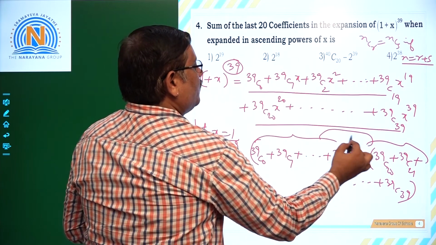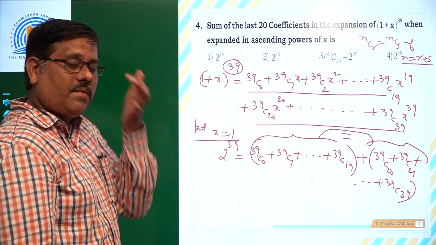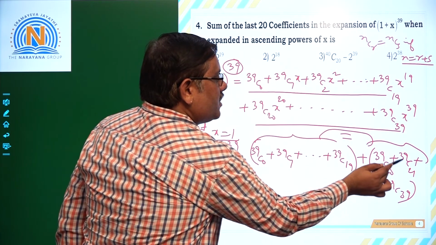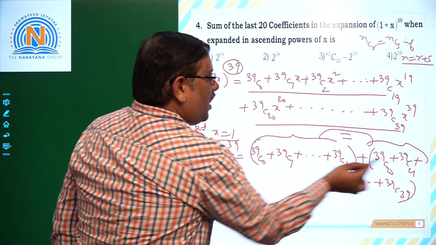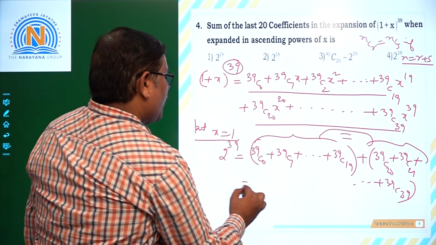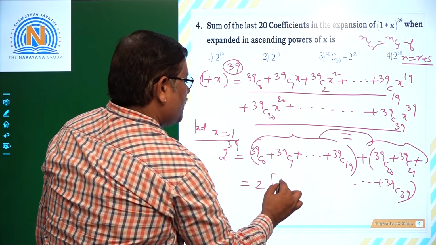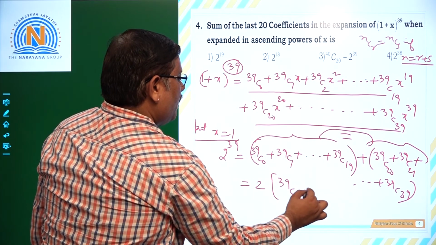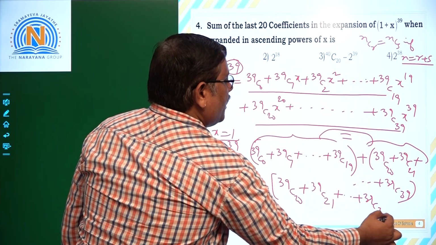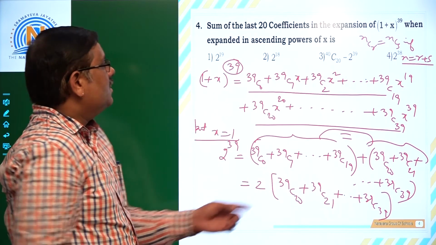These two are equal. Why are 39C20 and 39C19 equal, 39C21 and 39C18 equal, so on, 39C0 and 39C39 are equal? So we can write it as 2 times this whole, that is 39C20 + 39C21 + so on + 39C39.